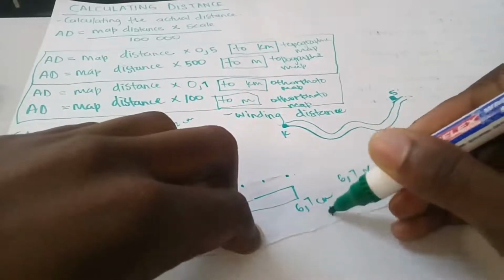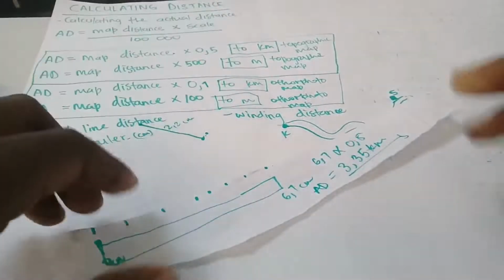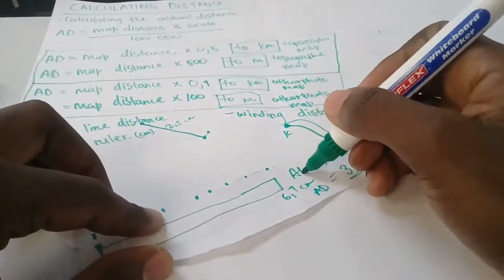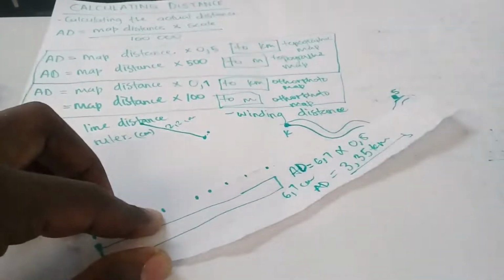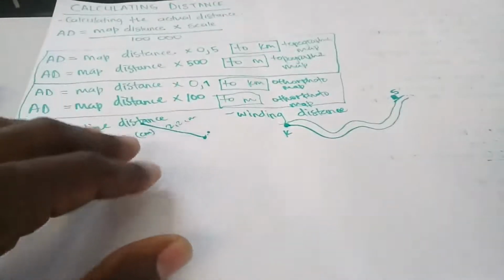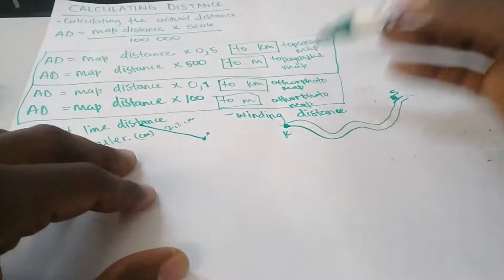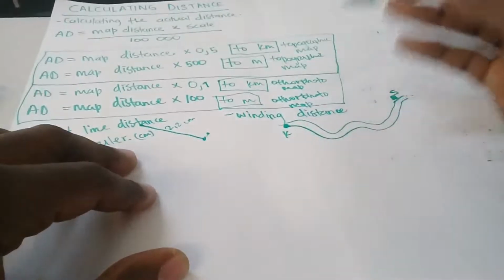So this is your actual distance. This was an example of how you can calculate your winding distance.